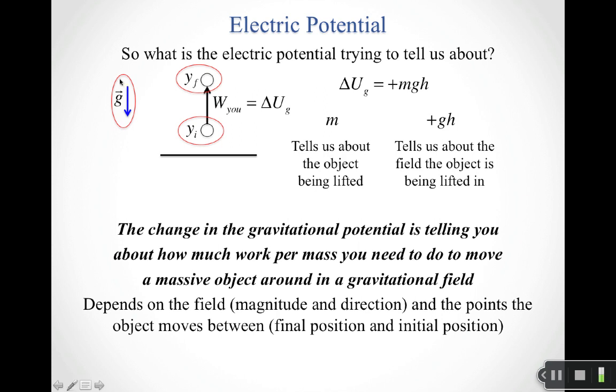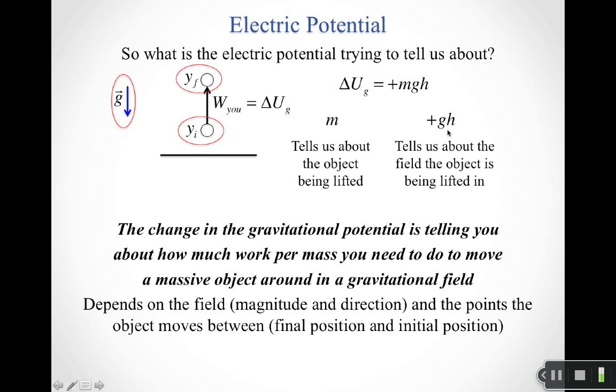One of them is it depends on the field itself, right? So what's the magnitude and direction of the gravitational field you're choosing to move around in? It also depends on the points the object moves between. So initially the object was here, at the end the object was there. So this would be the change in gravitational potential.